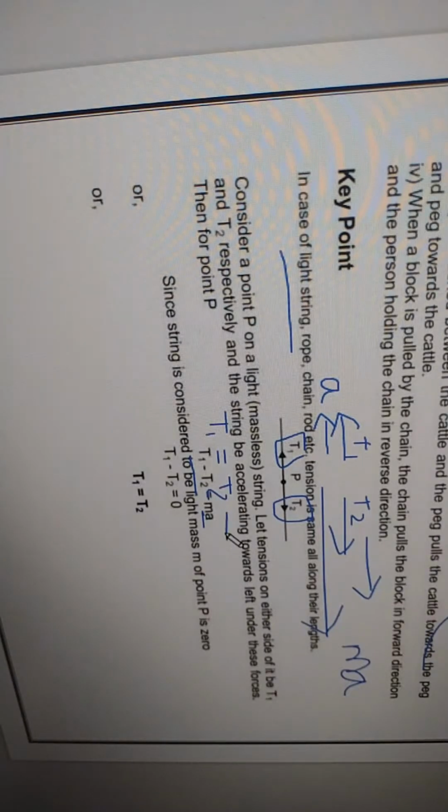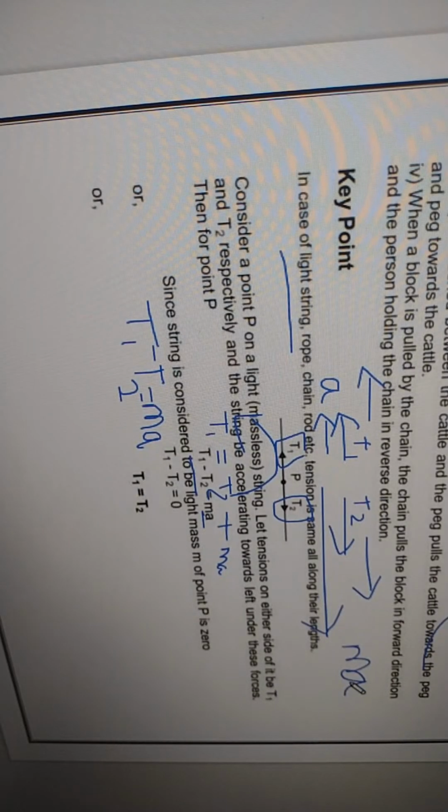If we take T1 and T2 together, we get T1 minus T2 is equal to MA, because the direction of MA is opposite to the acceleration. So T1 minus T2 is equal to MA.